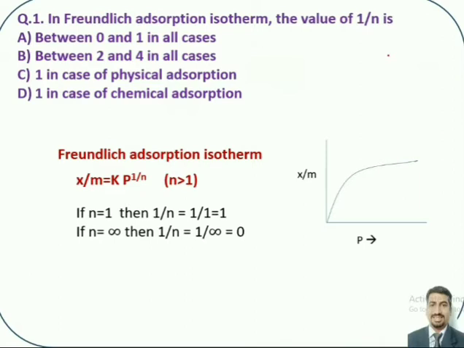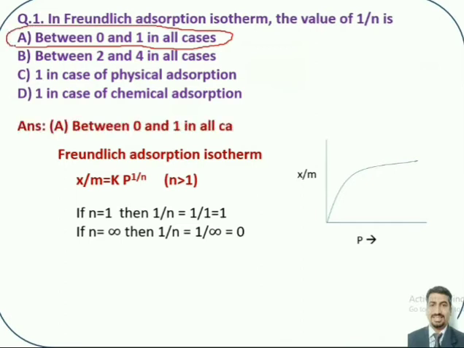If n is equal to 2, 3, 4, 5, 6 up to infinity, it will be less than 1, because it is 1 by n. 1 by a number greater than 1 is always less than 1. So 1 by infinity becomes 0. So in all cases, the value is between 0 and 1. Remember, the answer is A, between 0 and 1 in all cases.